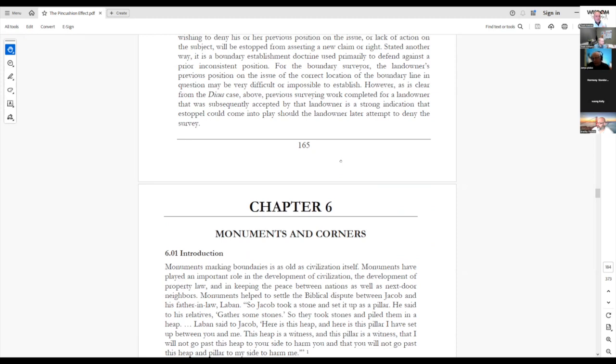Let's say that one landowner is going to build a fence or a wall or some other fairly expensive thing along the boundary line, and he goes out there and stakes it off, and he talks to his adjoining owner, and the adjoining owner doesn't say anything about it.